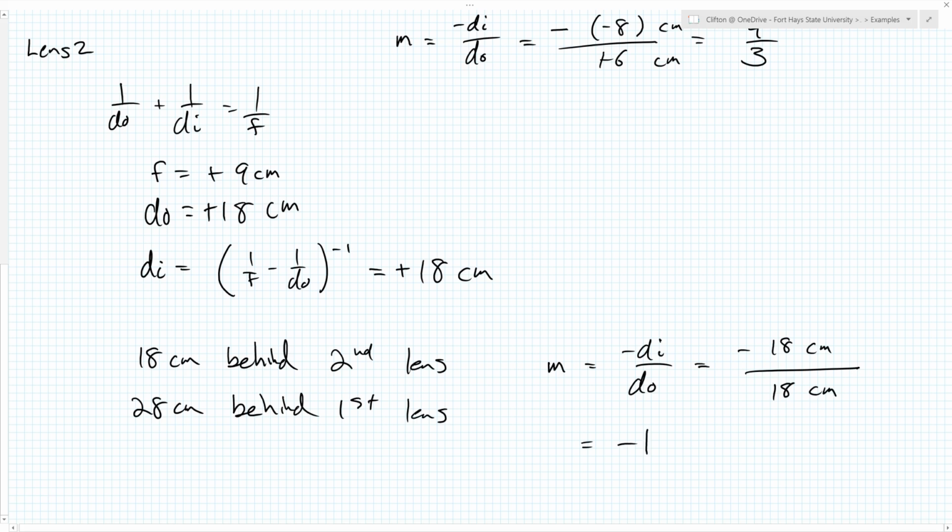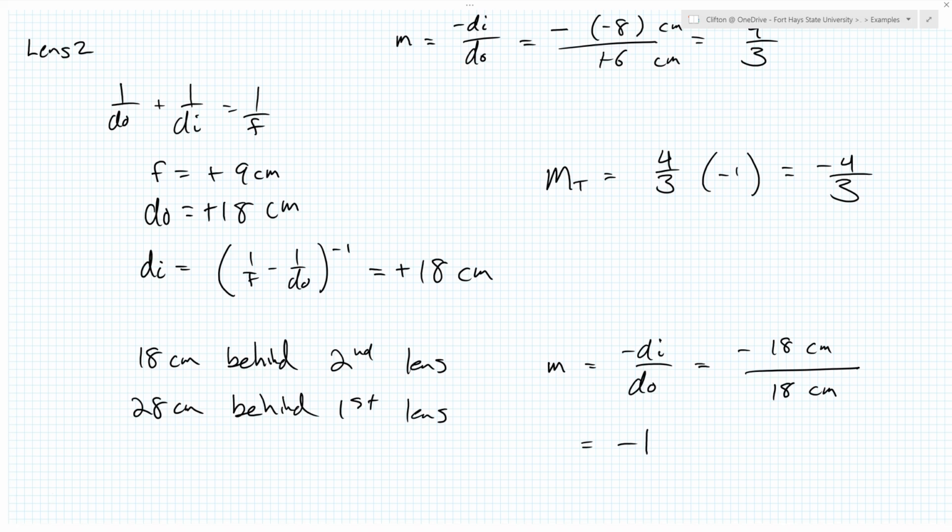That means that the image is the same size as the object, but it's inverted. The negative sign means that it's inverted. So the total magnification is just the product of these. So I have 4/3 and a -1, which gives -4/3. That means that the final image is inverted and it's larger than the object.